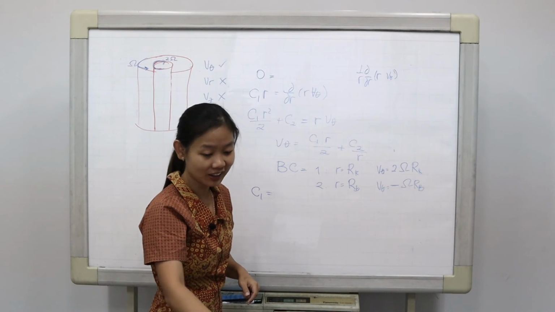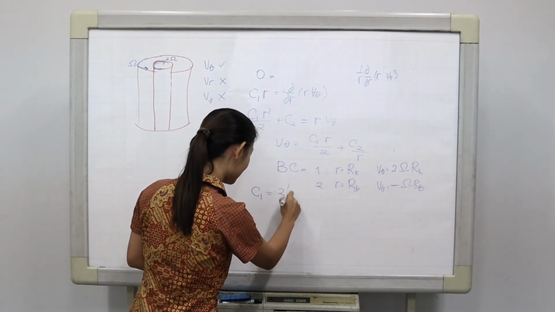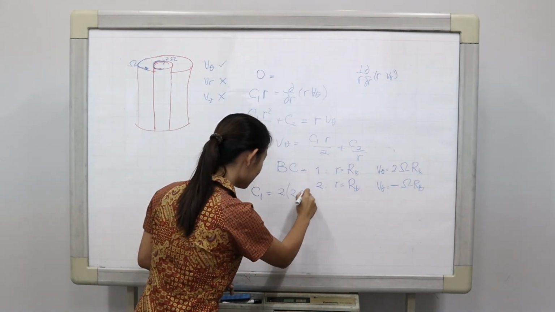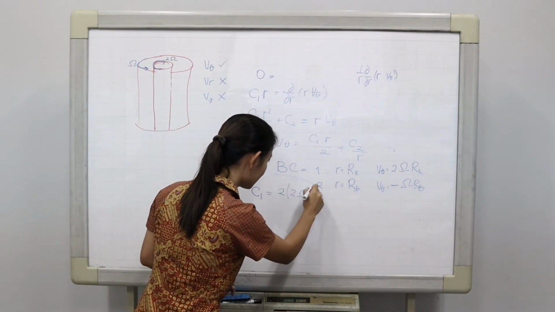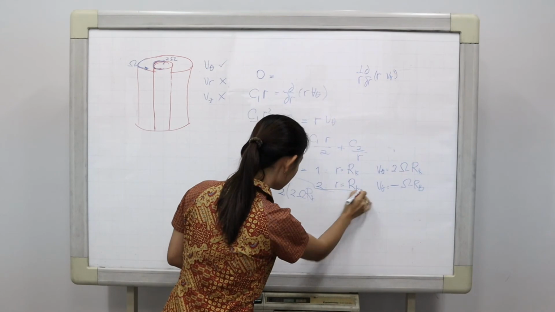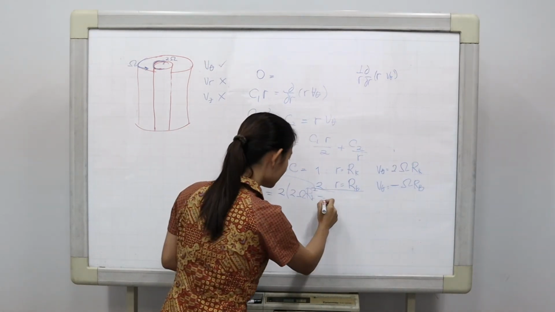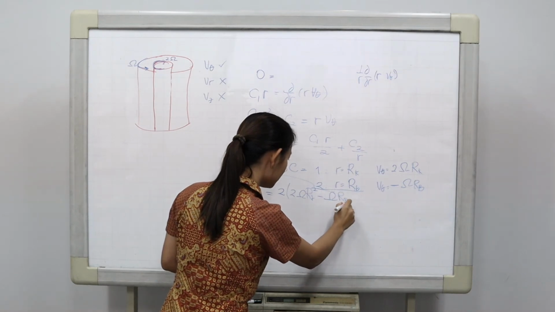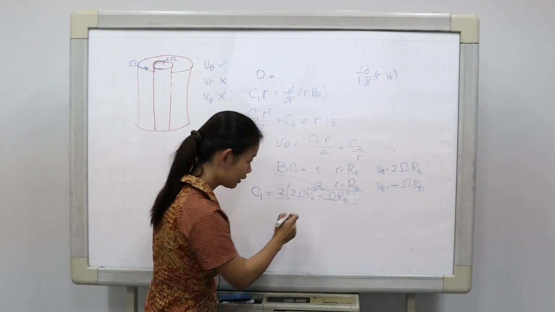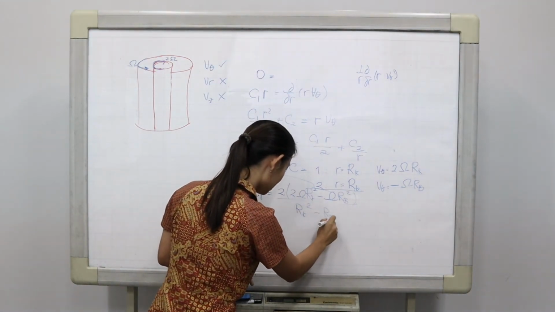I will write everything here so I can write quickly. C1 equals 2 times 2 omega r_k squared minus omega r_b squared, divided by r_k squared minus r_b squared.